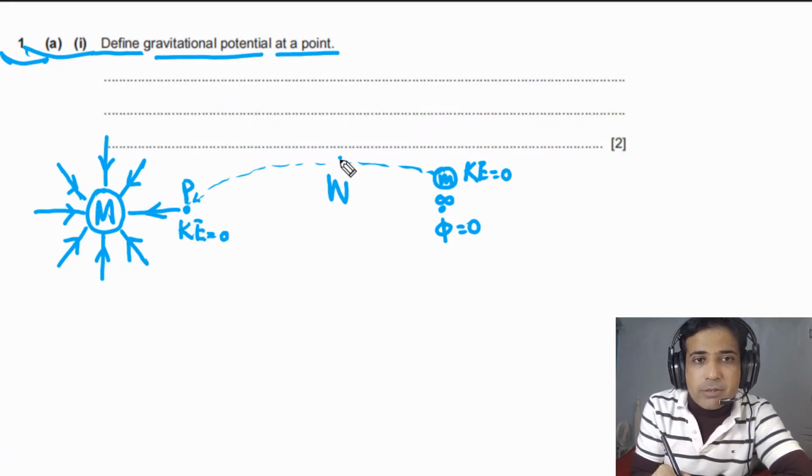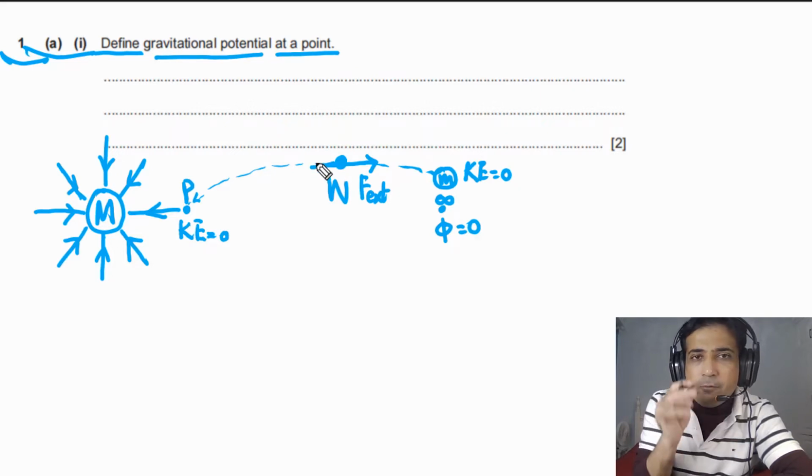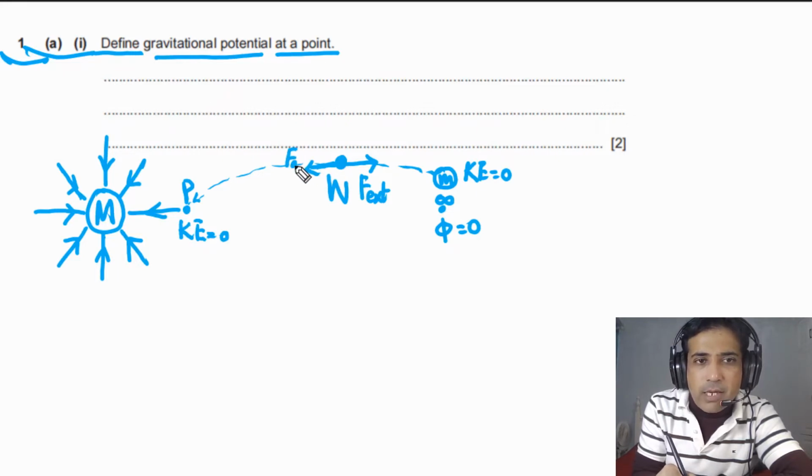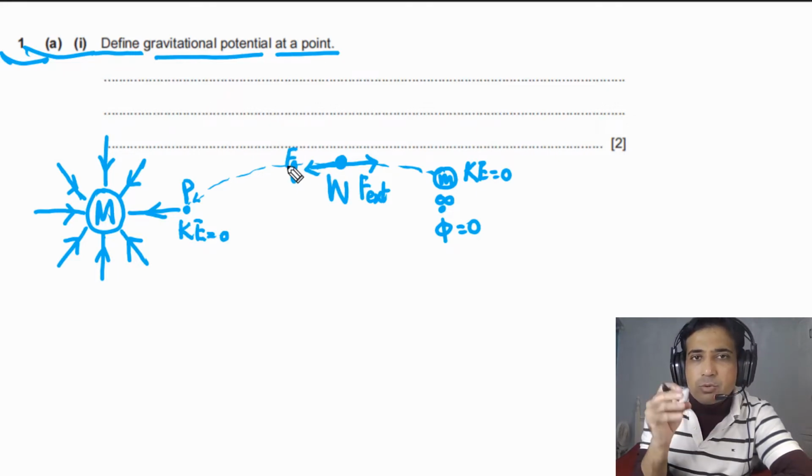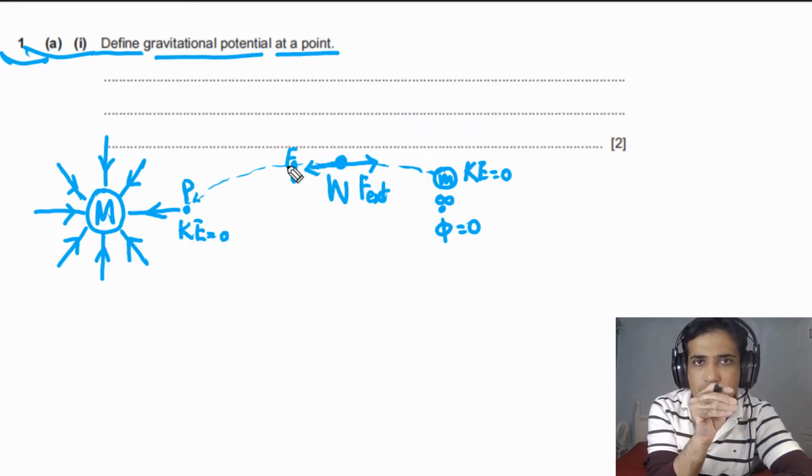So if we look at this point, you have to apply a force this way. We can say this is the external force, and this force has to be almost equal, with very little difference, to the force of gravity. So slowly you move this from infinity to point P.